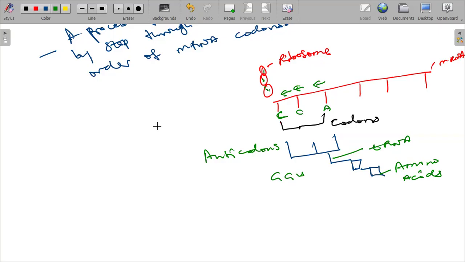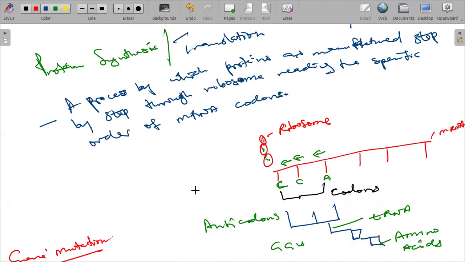Having said that, don't forget about mutation, gene mutation, still on this topic. When mutation takes place, it results in the formation of different proteins than what has to be formed. Mutation can affect the order of our nitrogen bases.